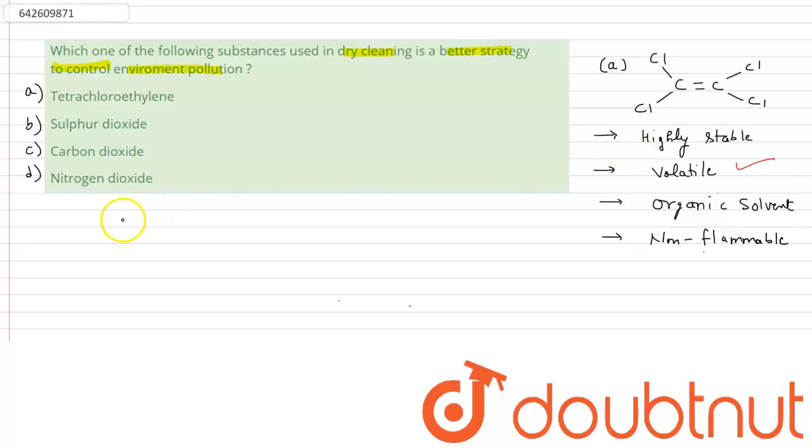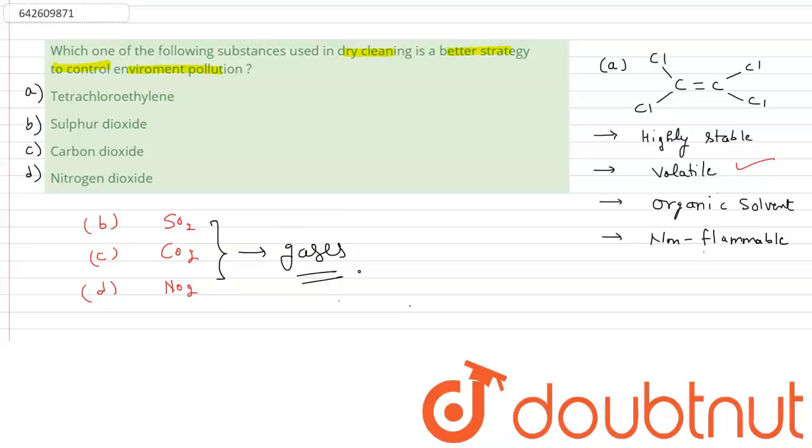And if we talk about option B, it is sulfur dioxide, option C is carbon dioxide, and option D is nitrogen dioxide, NO2. Here you can see that all these options, SO2, CO2, and NO2, are gases, and these gases produce a harmful effect on the environment, since they are greenhouse gases.